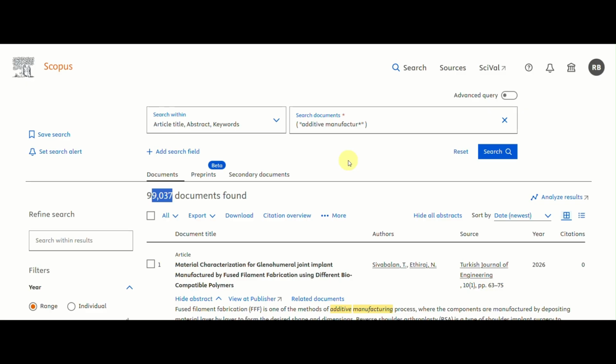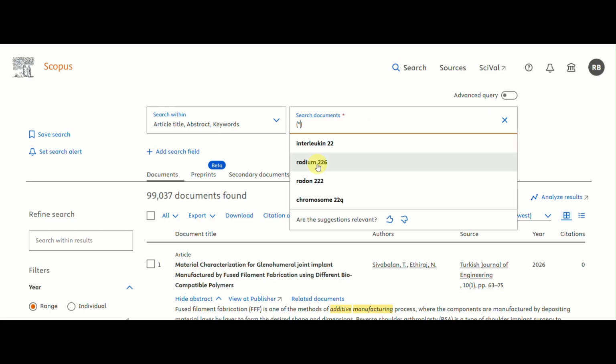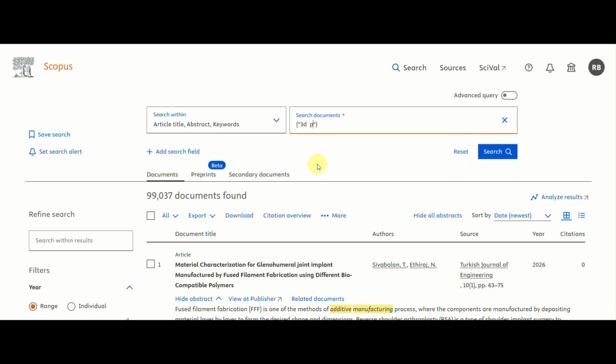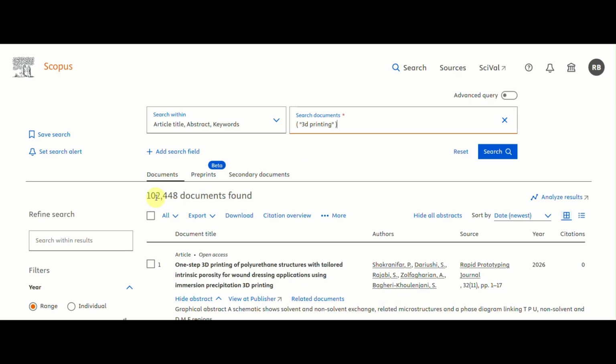I will show you one more example also. Suppose 3D printing. Let's see how many documents we have got. Total 1 lakh 2,448, isn't it?